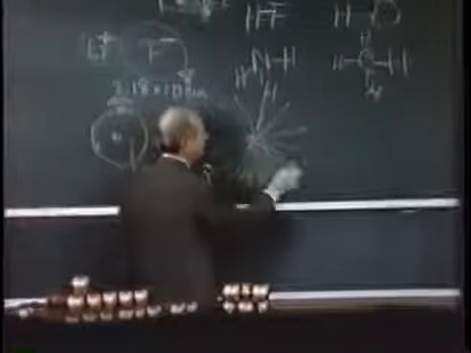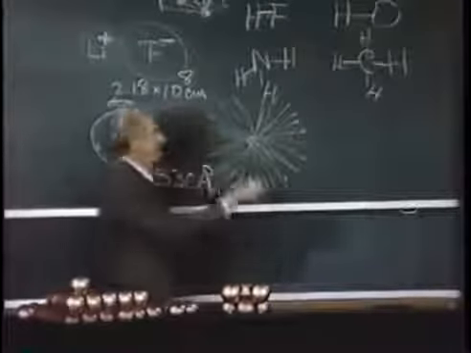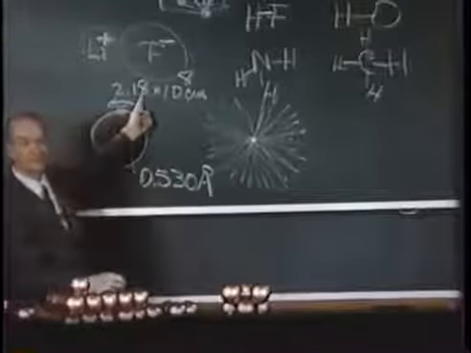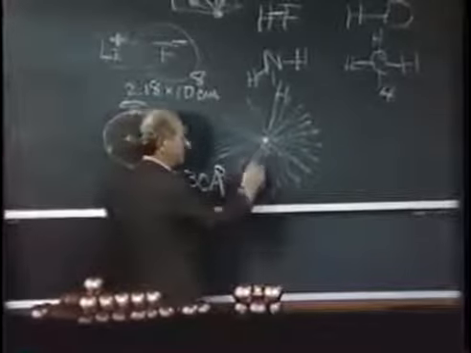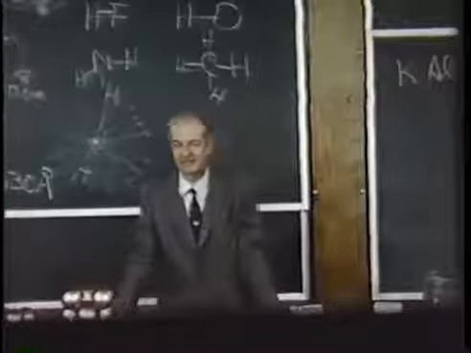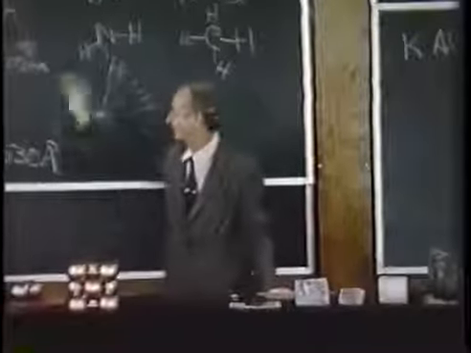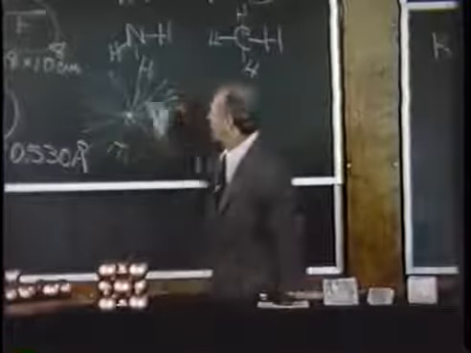The average speed, the root mean square speed with which the electron moves, is just the speed that was assigned to the electron by Bohr. And the average distance of the electron from the nucleus is the same as the radius assigned 40 years ago by Bohr to the circular orbit of the Bohr atom.